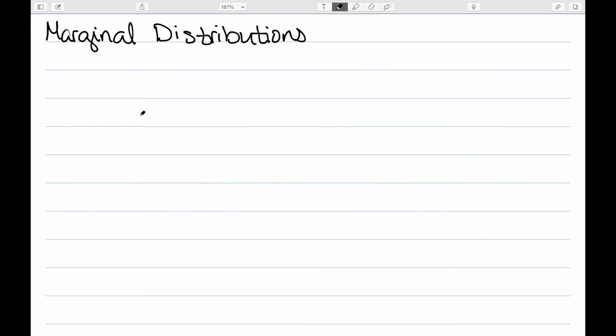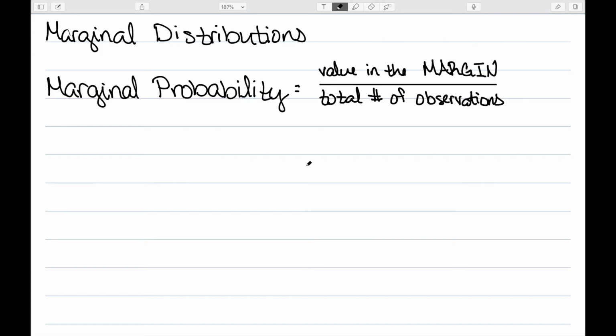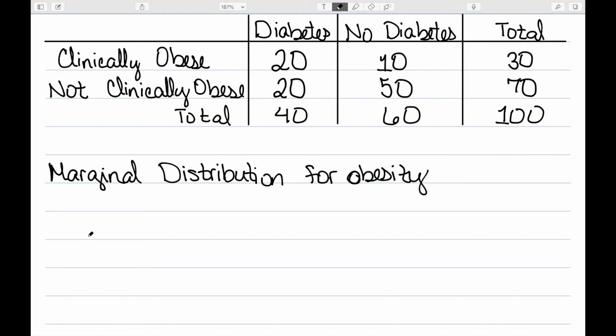Let's discuss marginal distributions and how to find them from our given two-way table. Marginal probability is defined to be the value in the margin, hence the name marginal probability, divided by the total number of observations. So let's go back to our two-way table that we formed earlier and look at the marginal distribution for obesity.